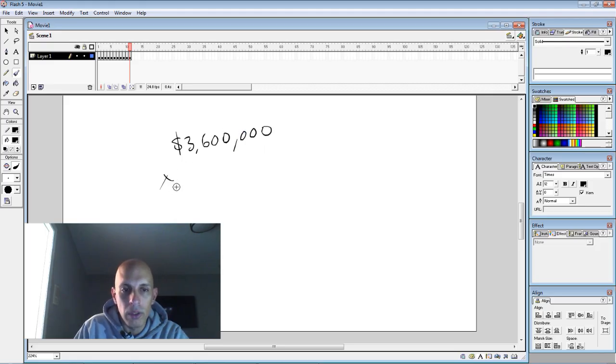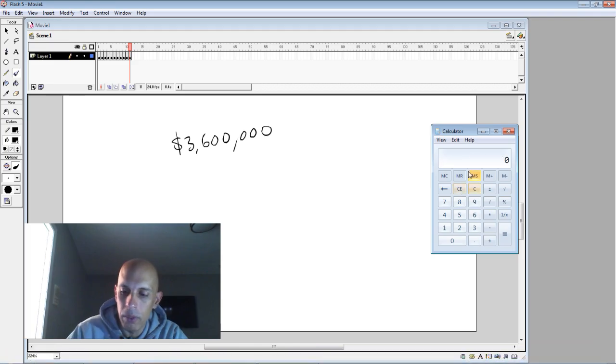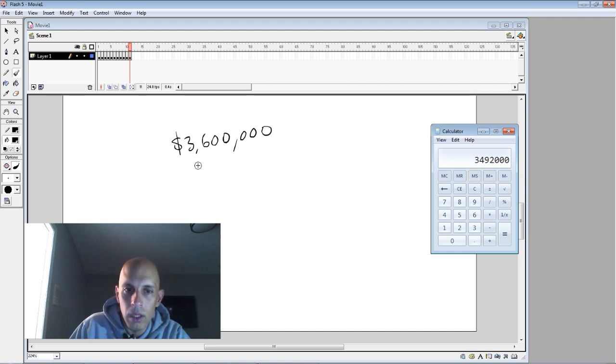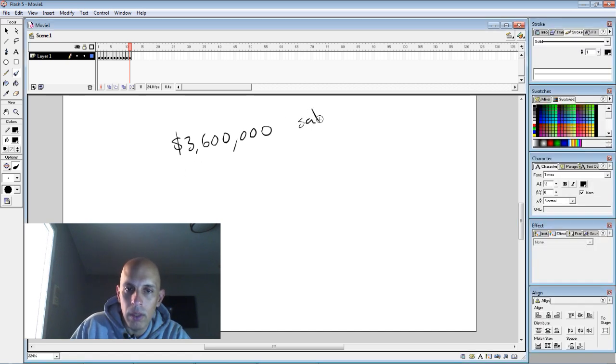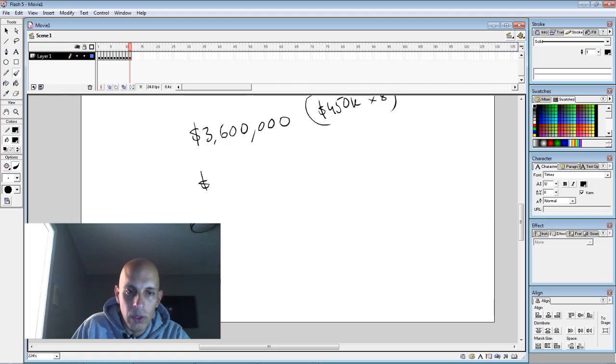And we're also going to deduct the seller's agent fees of 3%. So 3.6 million times 0.97 is equal to the sales price, or 450K times 8. And so then we're going 3.49 million, I believe.